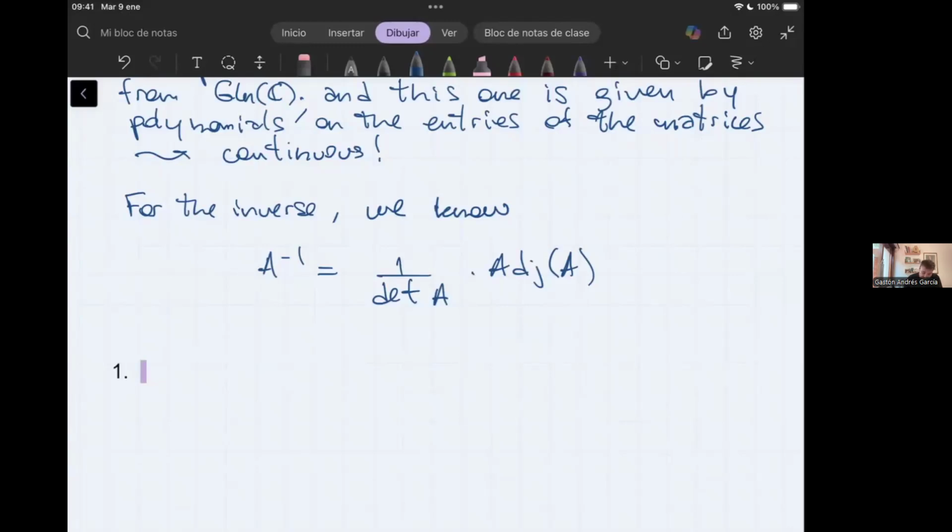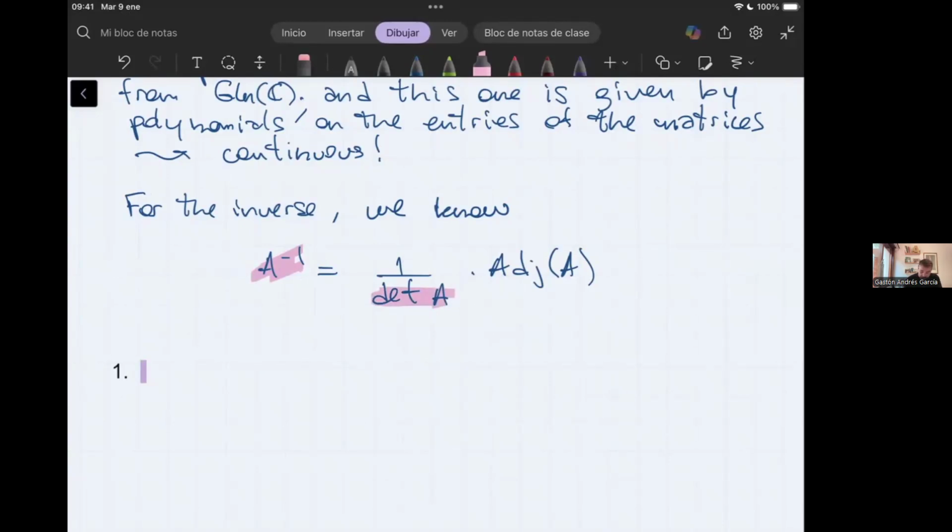But what is the thing here is the inverse of a matrix is given by a rational function in each entry. So the function giving the inverse in each entry is a rational function on the entries of the matrix. Why rational? Because we have the determinant here, and the determinant of a matrix is given by a polynomial function.